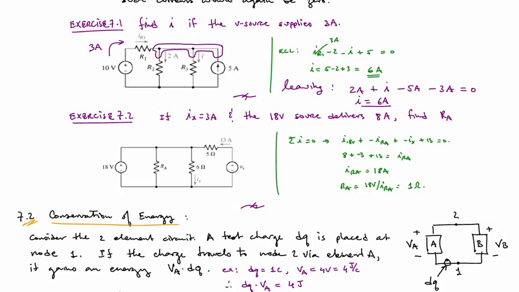In the second example, we're told that I_x is equal to 3 amps, and the 18-volt source delivers 8 amps. Again, if it's delivering, the current comes from its positive terminal. The question is, find R_A. To find R_A, this is a little bit more than just KCL.